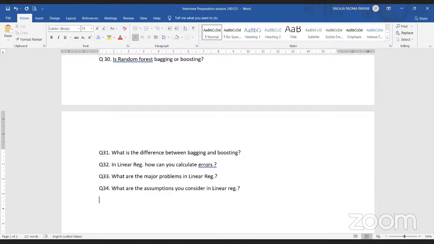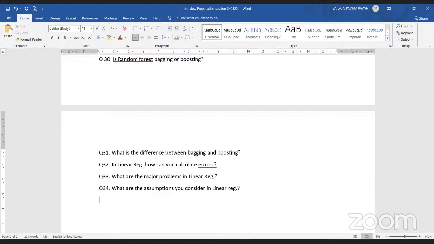The second one is homoscedasticity. What do you mean by homoscedasticity? It is nothing but the variance of the residual should be the same for any value of X. X is the input, the independent variable.